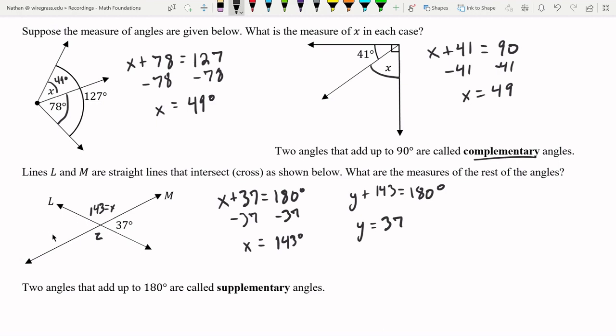So y must be equal to 37. By the same kind of logic, this is a straight angle here, and this is also a straight angle here. Z plus 37 equals 180 degrees, which is the exact same thing I have here. So z must equal 143.